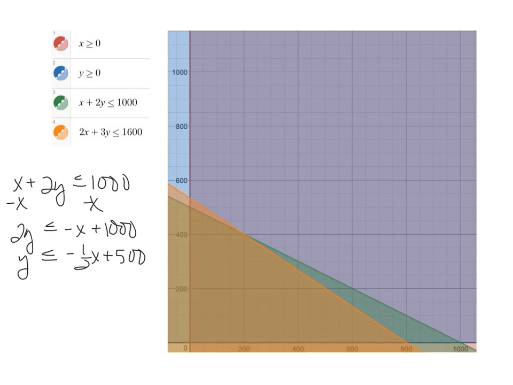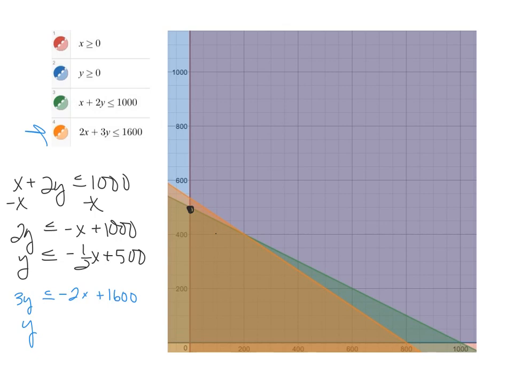So this green one, if you look, it started at the y-intercept of 500 and went down a slope of 1/2. So down 100 over 200, down 100 over 200, etc. And then this equation, if I put that in slope-intercept form, I would have 3y less than or equal to negative 2x plus 1,600.